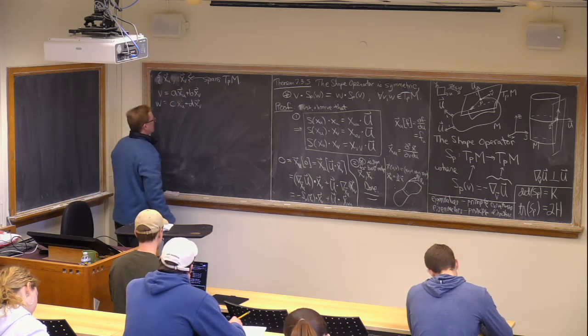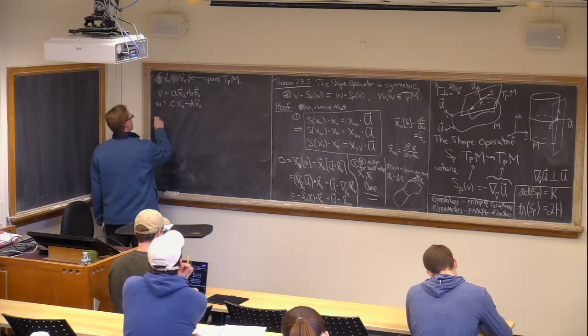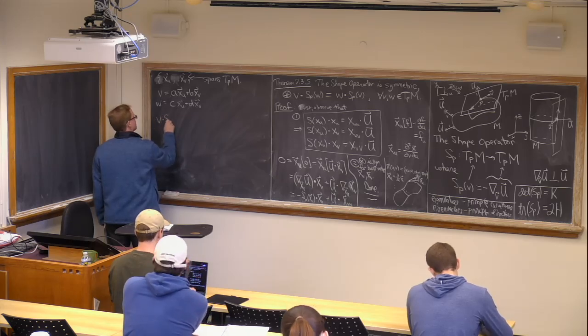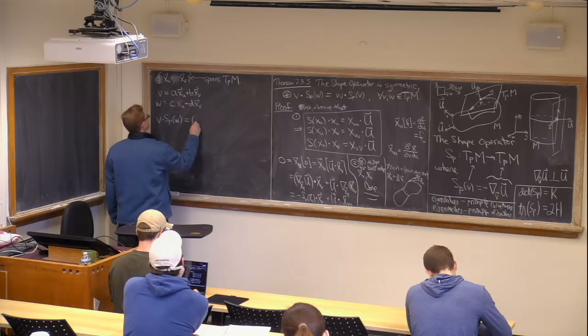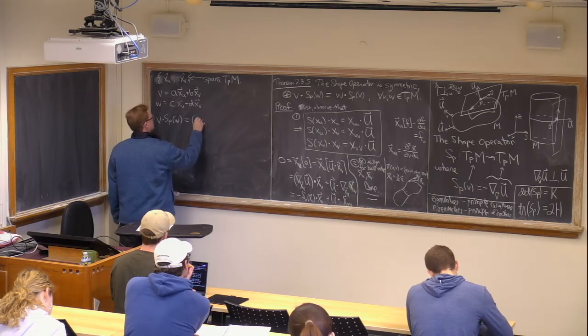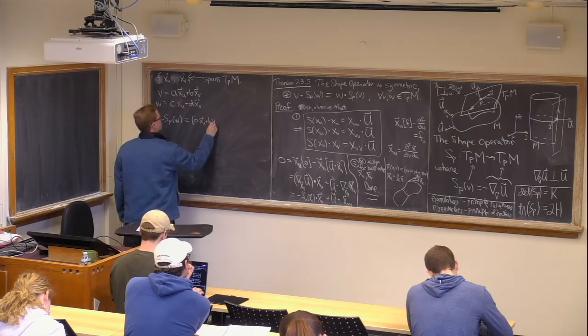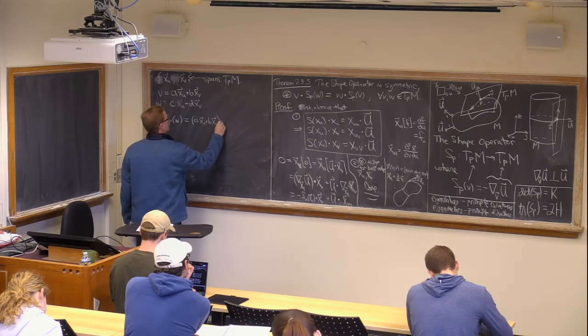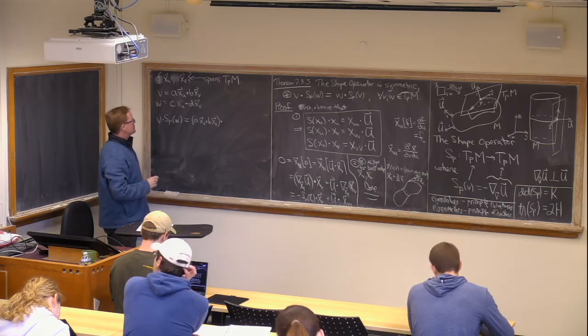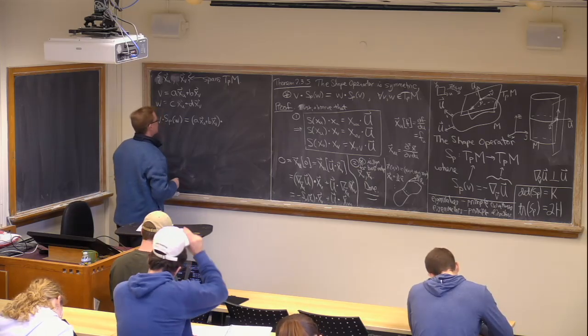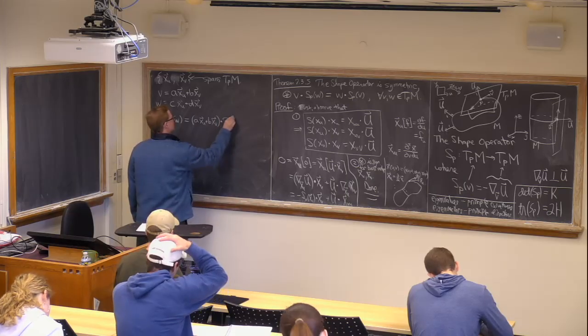And then if I want to prove my identity, star, I just say V dot product the shape operator of W equals A x_u plus B x_v dot product, and then I have to do the shape operator applied to W. The shape operator is linear, but let me just go ahead and put it in first.